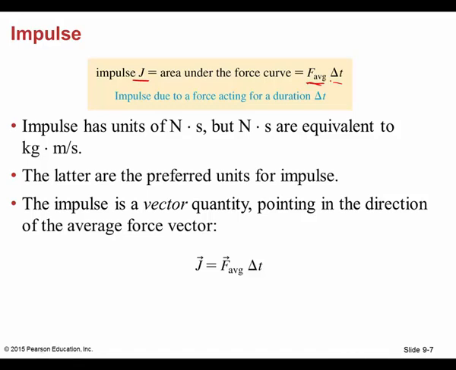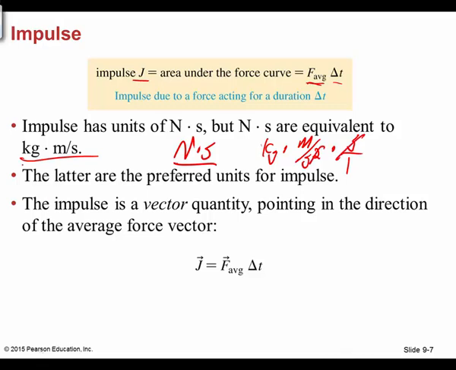Now, what are the units? Well, they have the same units as momentum, as we'll get to here in a minute. Now, typically, though, instead of saying kilograms meters per second, we will say a Newton second. And why do we do that? Because force is in newtons and time is in seconds. But when you do the math, we've got kilogram meter per second squared times a second, and that gives us kilograms meters per second.